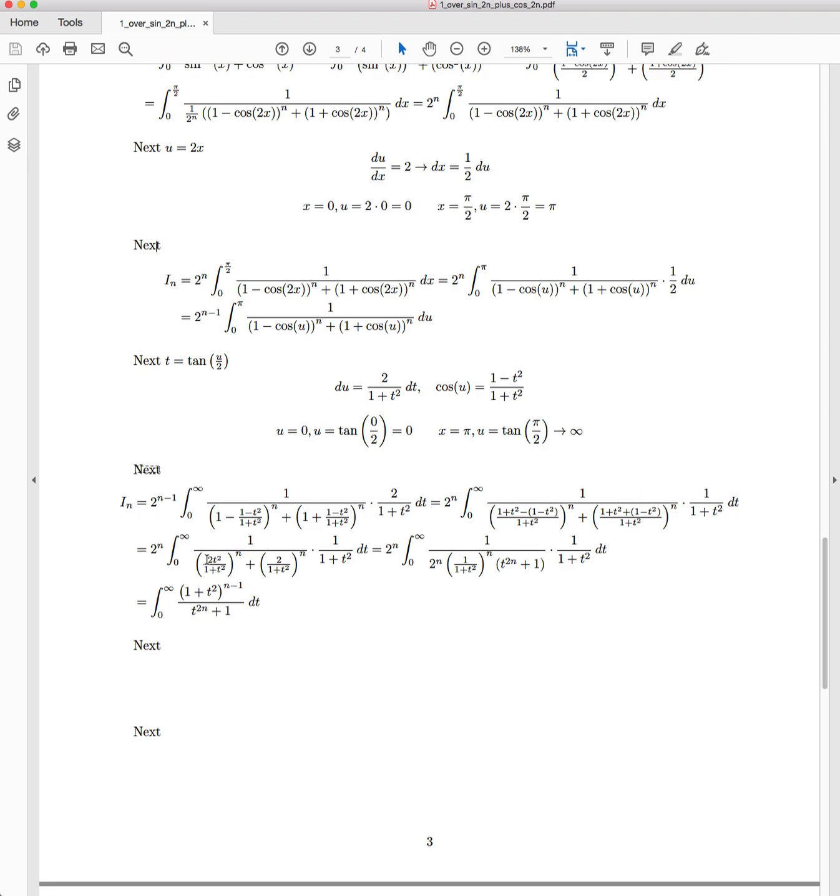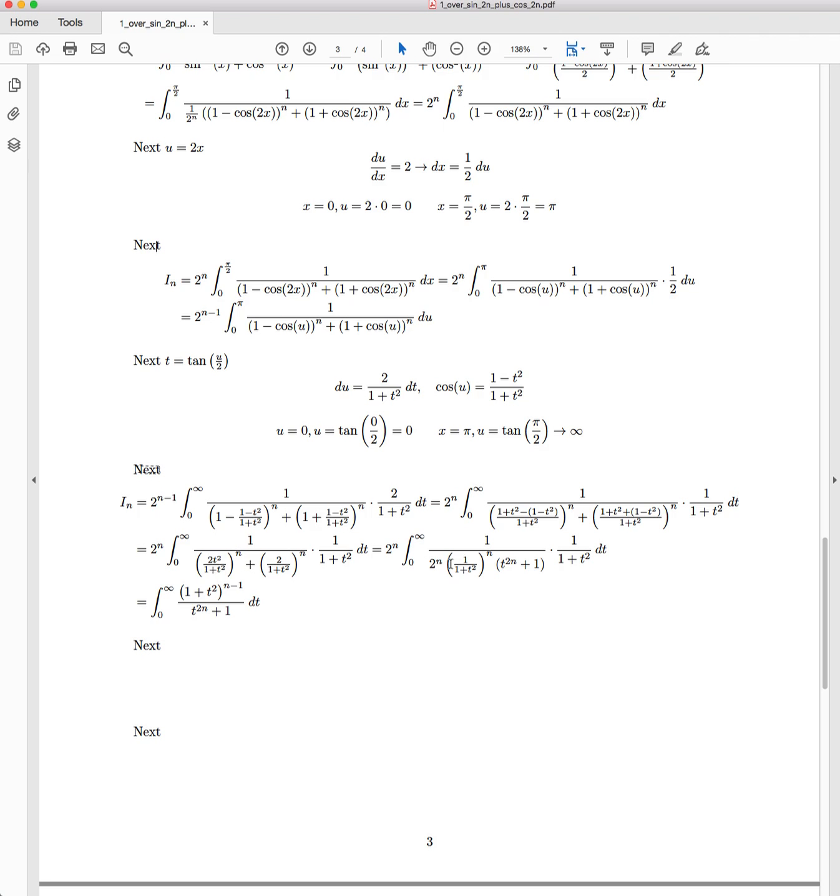Now you'll see here on the numerator for these fractions, on the denominator of the integrand, we have a common factor of 2 to the power of n if we expand out our indices law. So if we bring that out the front, well actually my apologies, we've got more than that. We've got 2 to the power of n and 1 plus t squared to the power of n. You'll see that that is common across both of them.